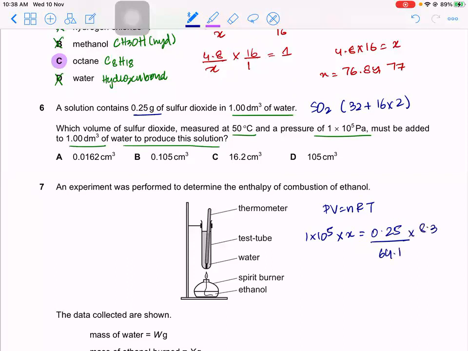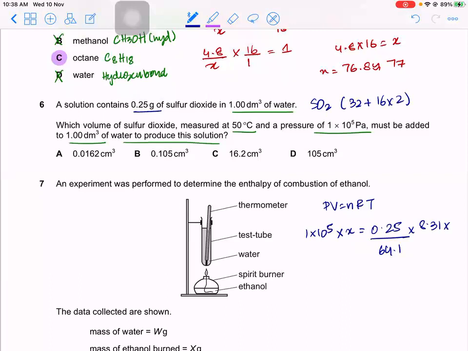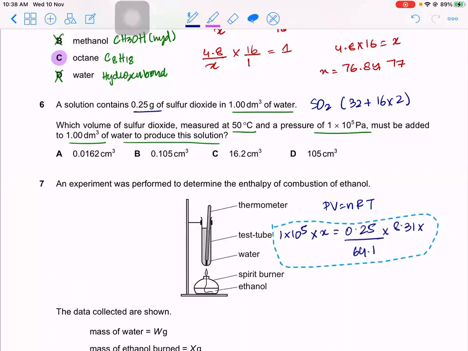This is 8.31 and the temperature is given to you as 50. So we can do 50 plus 273. And 50 plus 273 is how much? 323. So you multiply this by 8.31 multiplied by 0.25.